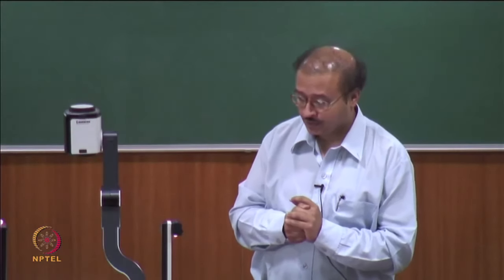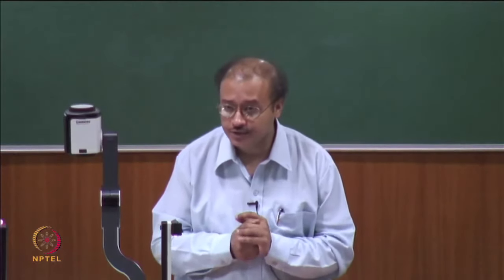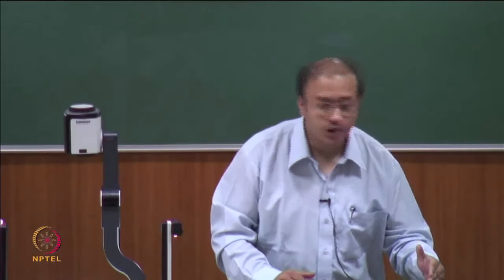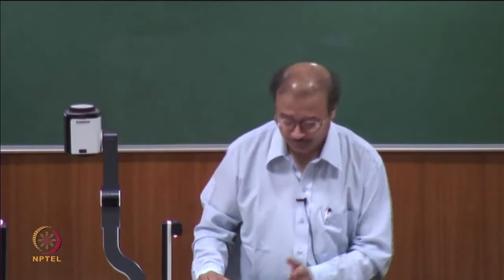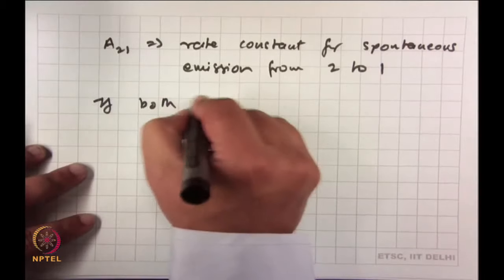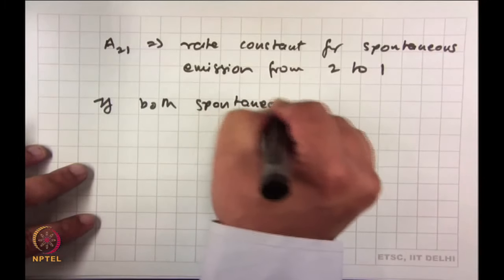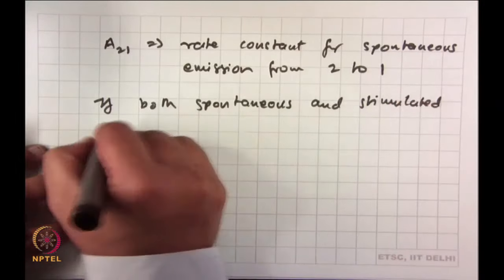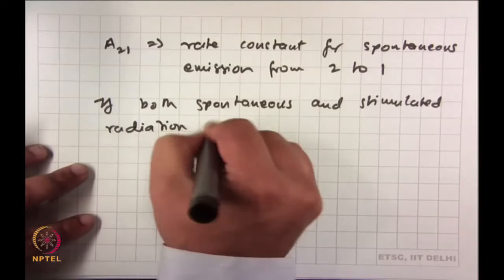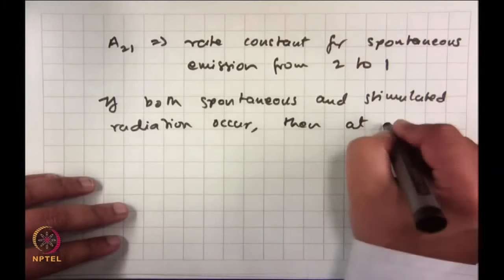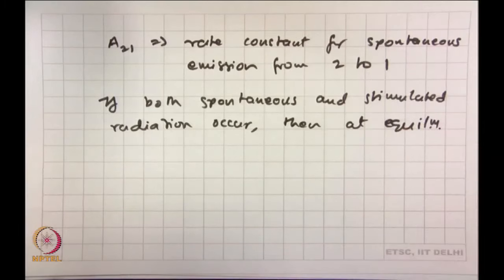Now, think about this. This is where we had considered there was no stimulating radiation to start with. Now, what happens if you have both? That means you also have spontaneous radiation occurring, you also have stimulated radiation occurring. That means, if both spontaneous and stimulated radiation occur, then at equilibrium, that means my equilibrium has been attained.